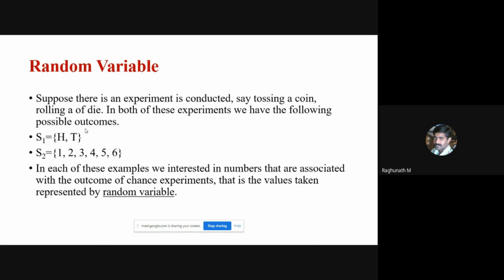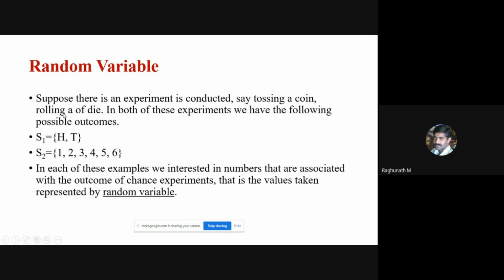If I list all the outcomes of that random experiment, we call that collection a sample space, which is denoted by a capital letter. Here S1 is the sample space for the first experiment, tossing a coin. That is, all possible outcomes are head and tail.